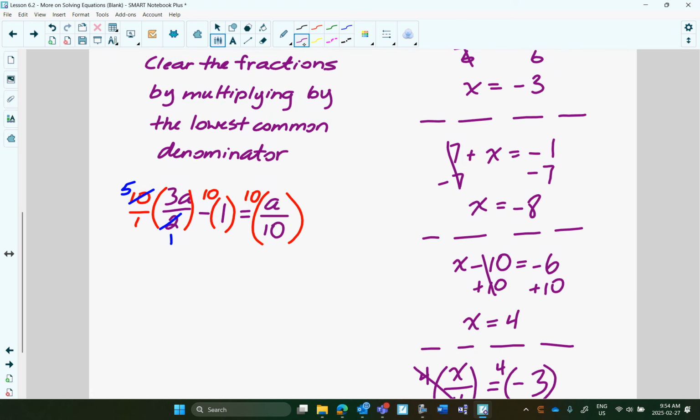So what am I left with? 5 times 3a over 1 times 1. Well, if it's 1 on the bottom, I don't have to write it, do I? What's 5 times 3a? 15a. Notice, fraction's gone. This next one, I don't have to worry about a fraction. I just have to do minus 10 times 1, which is 10.